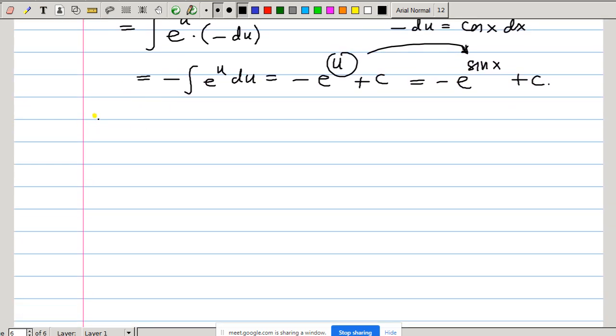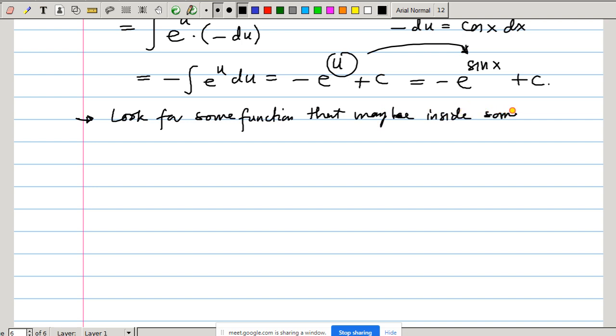Let me just write you that summary: look for some function that may be inside some other function, or it is the part of some other function. Okay, some function.